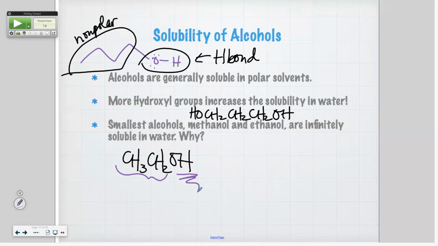The nonpolar part says, no, you can't do that. Until the nonpolar part gets big enough, the polar part will allow it to hydrogen bond. Methanol and ethanol, the nonpolar parts are really small, so they're infinitely soluble. So when they mix alcoholic drinks, they can put as much alcohol in as they want. It's not like a Brita.